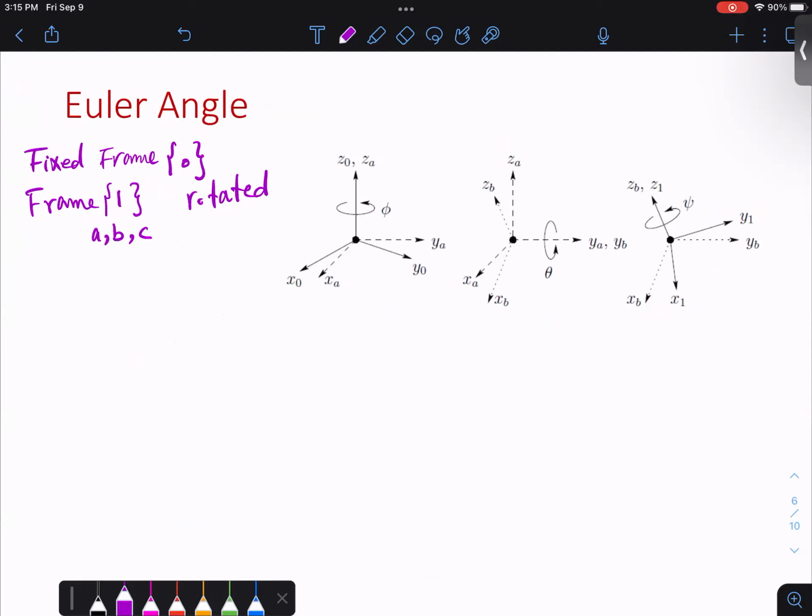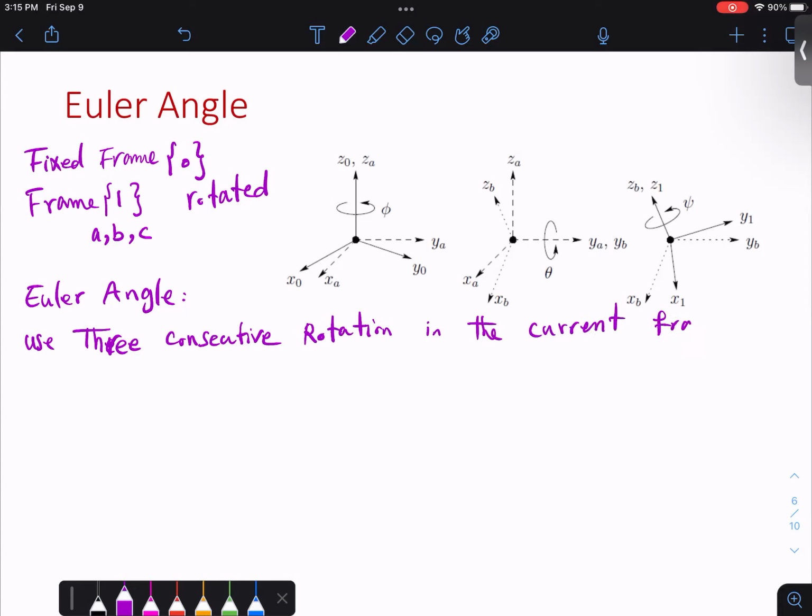Now, if you followed, the Euler angle rule says to use 3 consecutive rotations in the current frame.